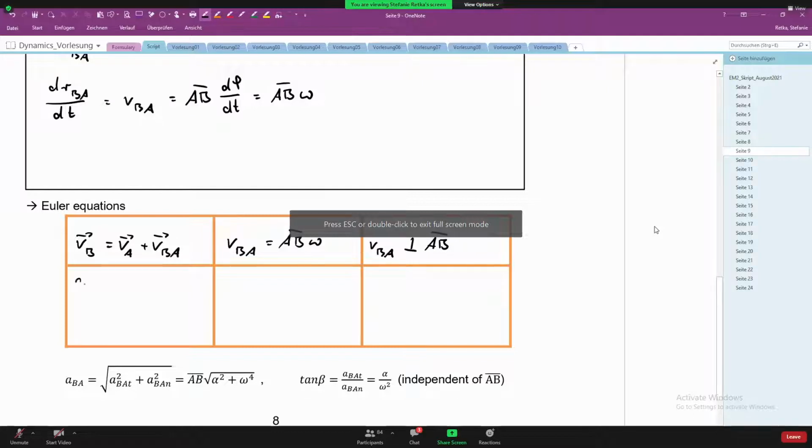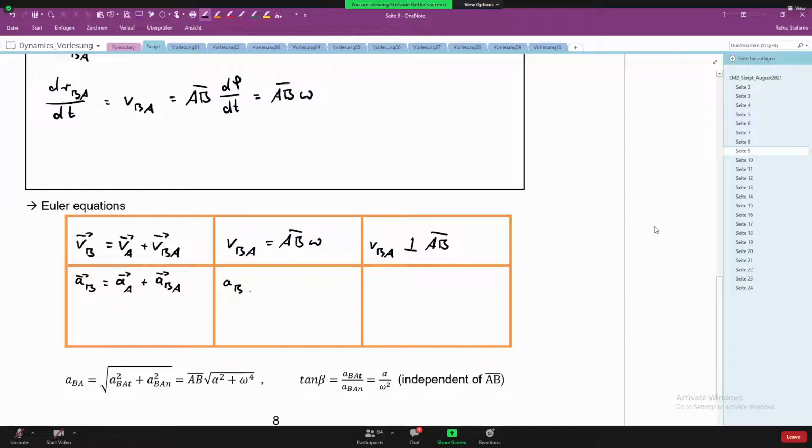And for the acceleration, aB can also be computed by translation as A plus rotation of B about A. And the rotational component of the acceleration consists of a tangential and a normal component. So also that's the same as before: radius times alpha for the tangential component and radius times omega squared for the normal component.